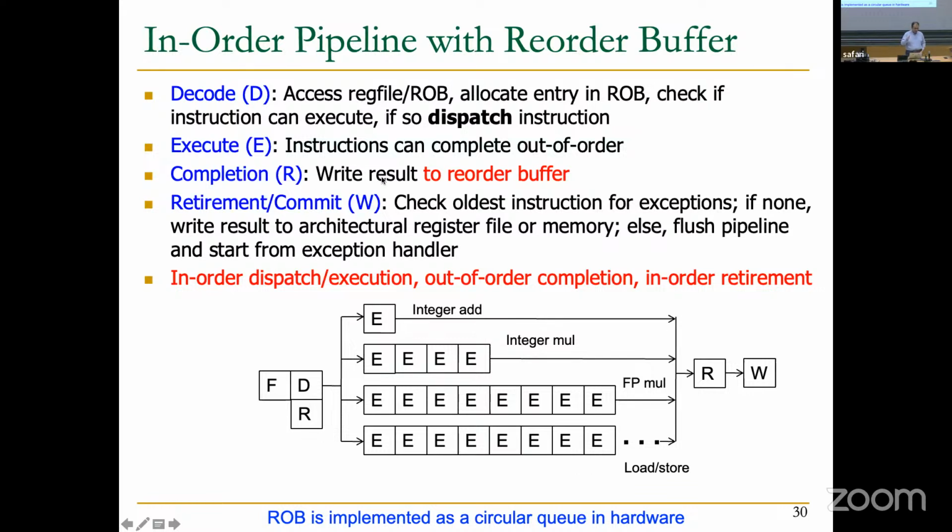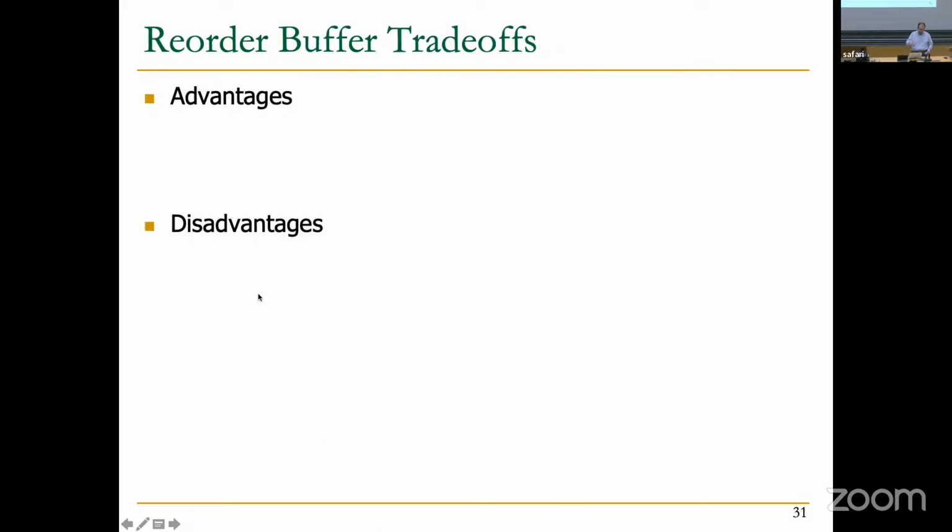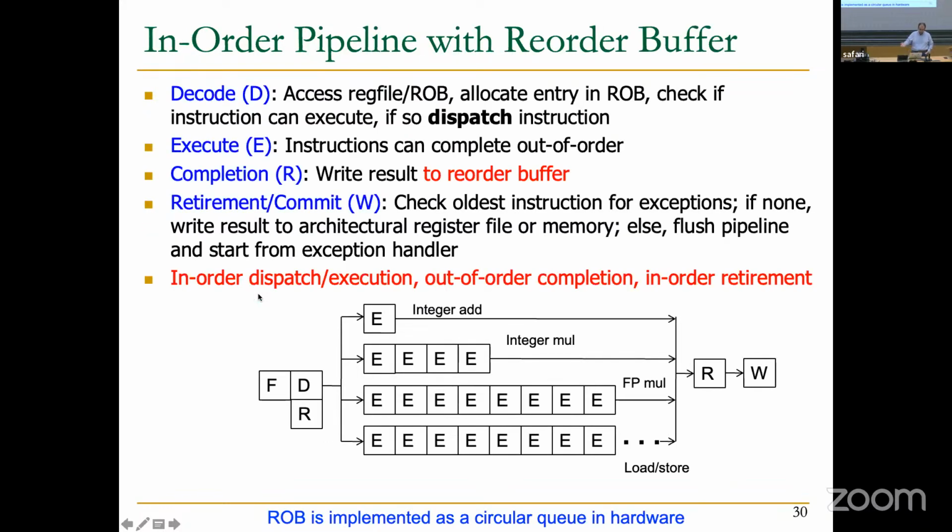Then we have a step of retirement or commit, which we call write back. We check all the instructions for execution, and we write results to the architectural register file or memory. And if we have an exception, we can flush the pipeline and start from the exception handler. So: in-order dispatch, out-of-order completion, and in-order retirement. This is the pipeline that we designed until now.